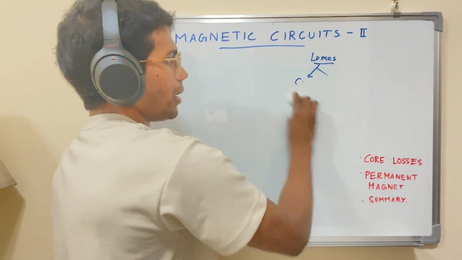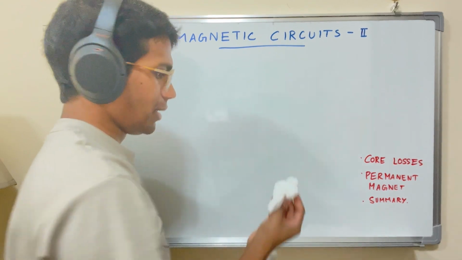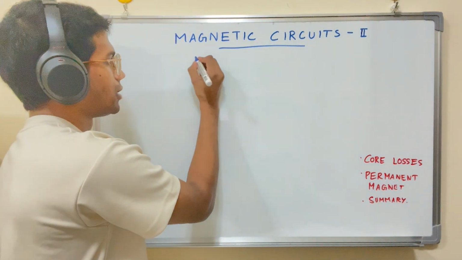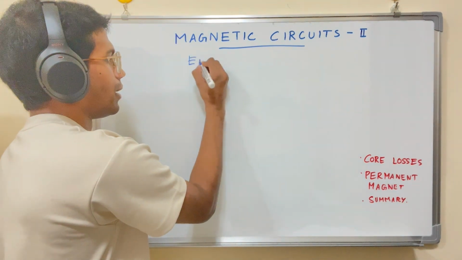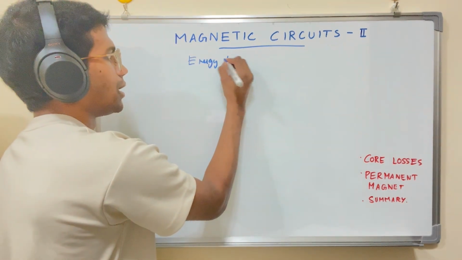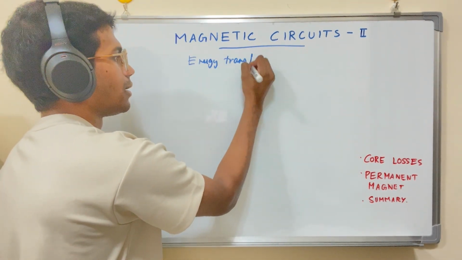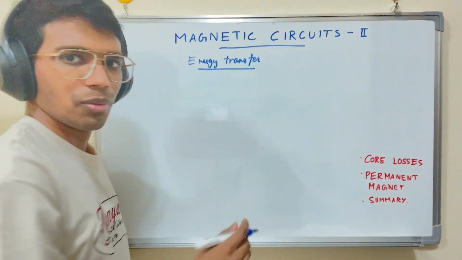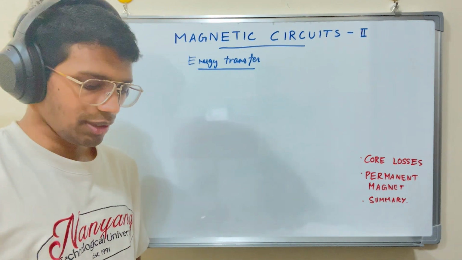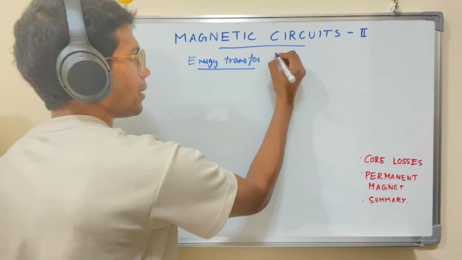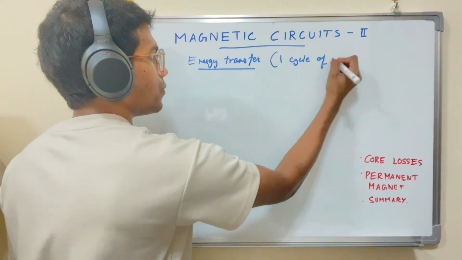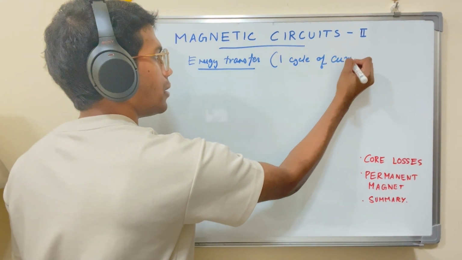Now, to quantify the losses we'll be dealing with, we need to consider how much energy is transferred into the core during this process. So we're going to consider one cycle of AC here, just one cycle of current.